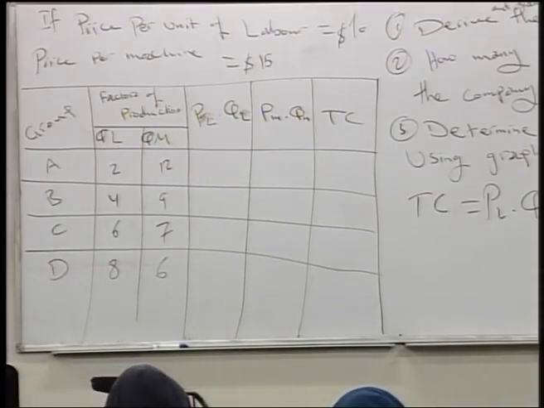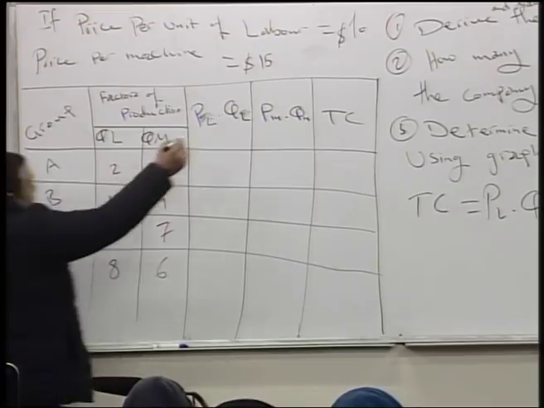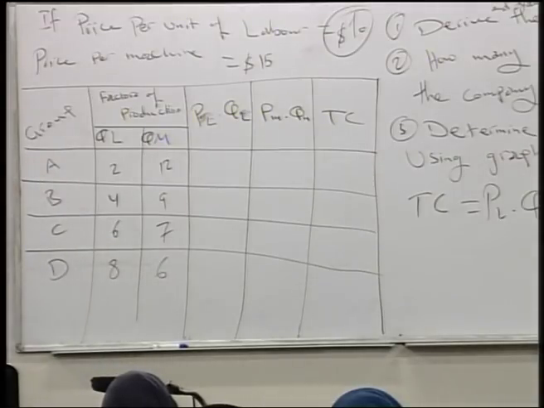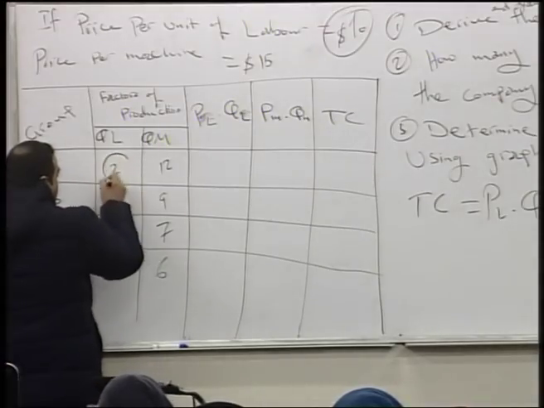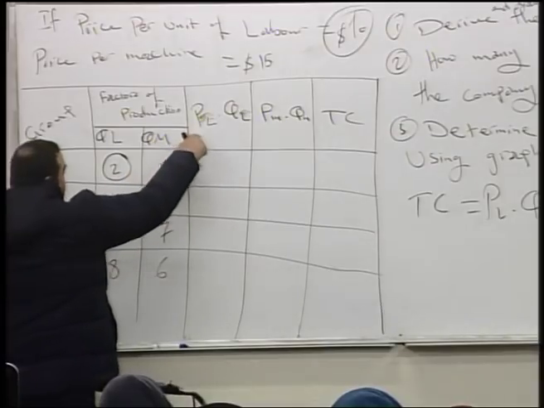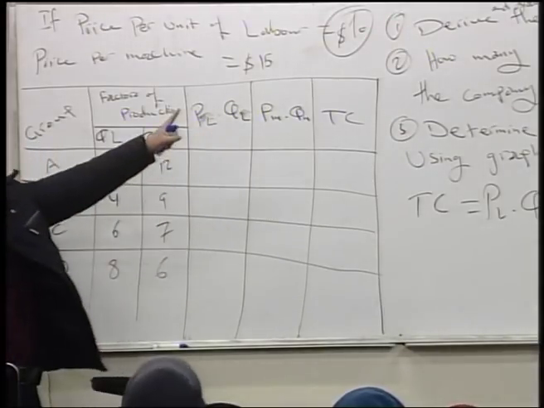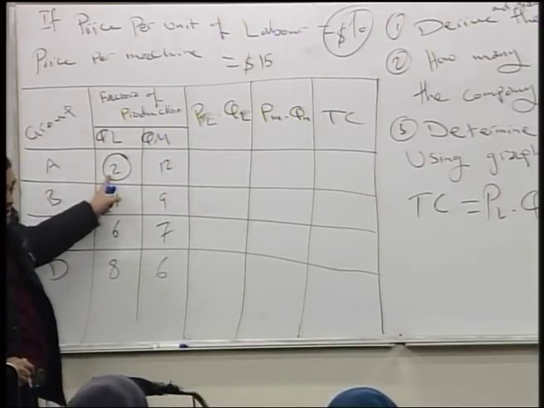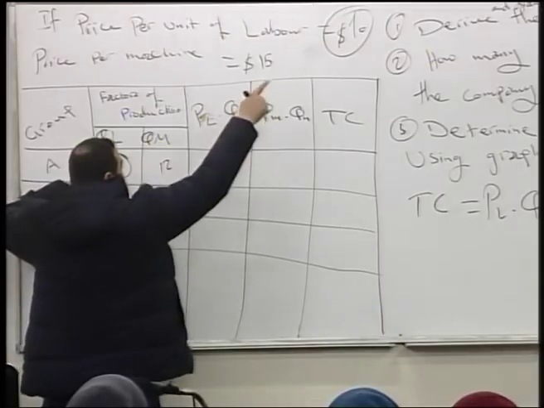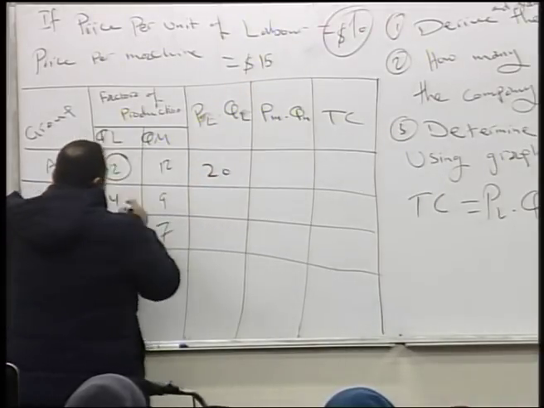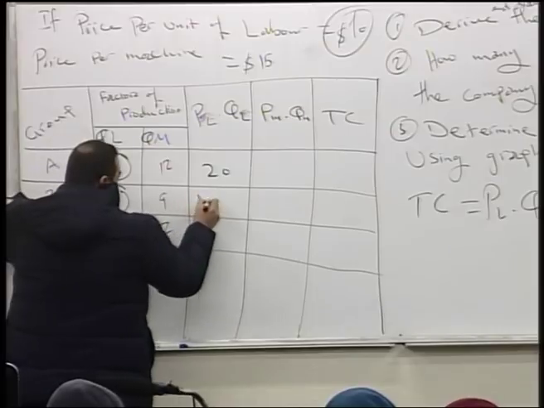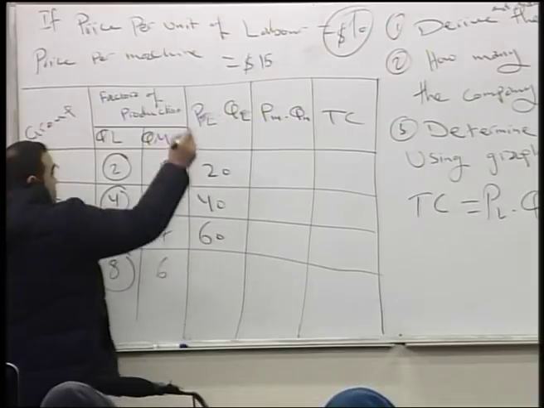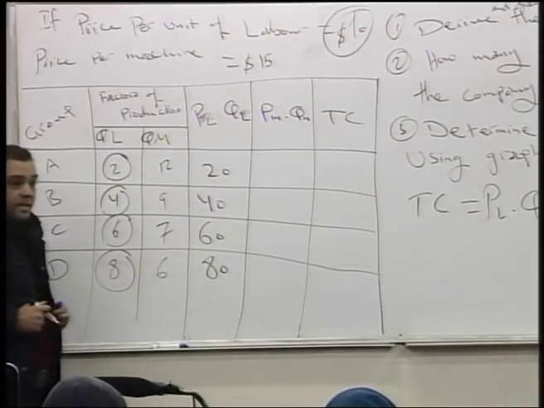The price of L is given, which is $10 per unit. At QL equals 2, price of L times QL is 10 times 2, 20. 4 times 10, 40. 6 times 10, 60. 8 times 10, 80. All right?